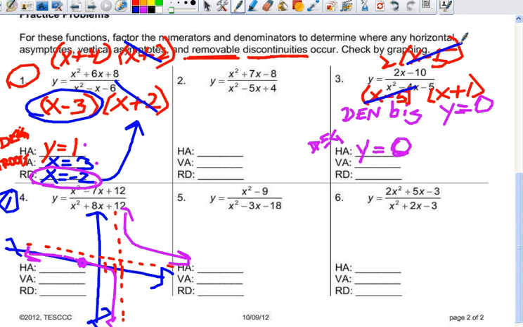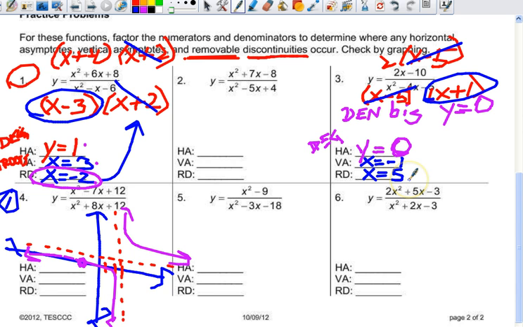So what is my vertical asymptote? What's left over, so x equals -1 because it's the opposite. And then where's my hole? x equals 5 because that's where it canceled. So horizontal asymptote, vertical asymptote, hole.